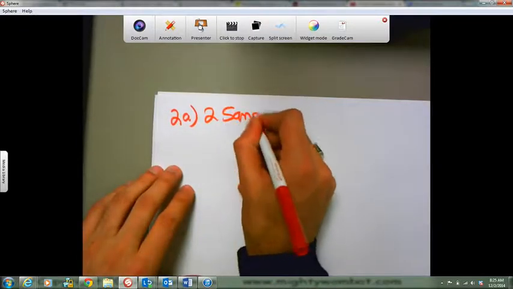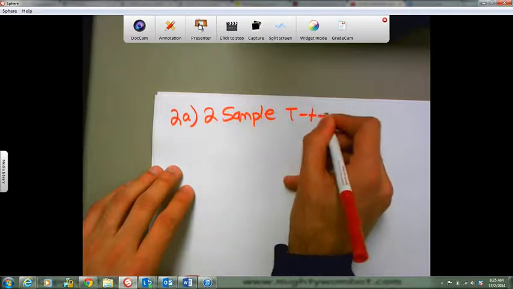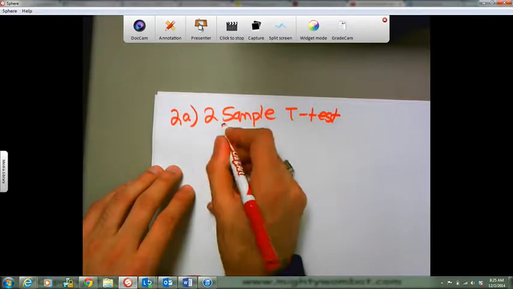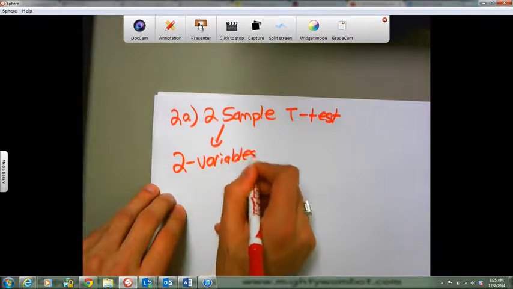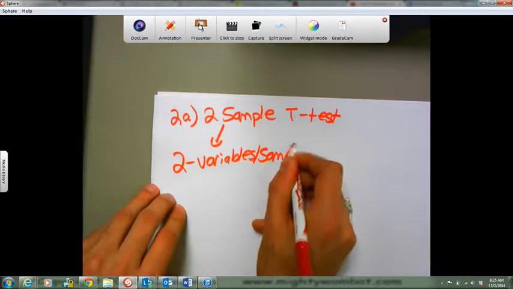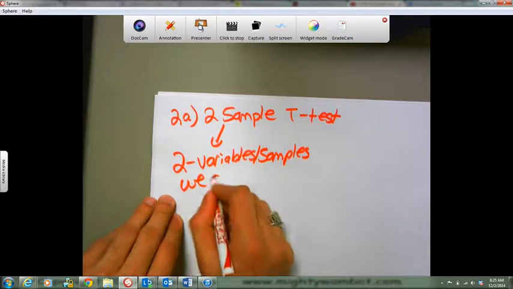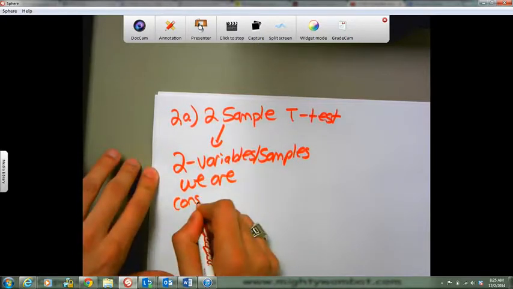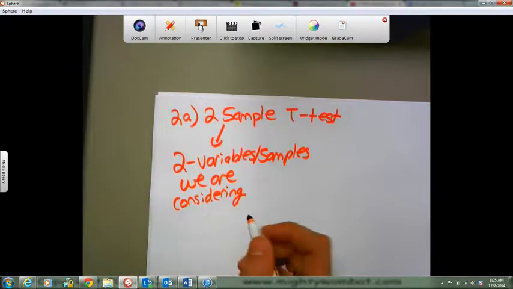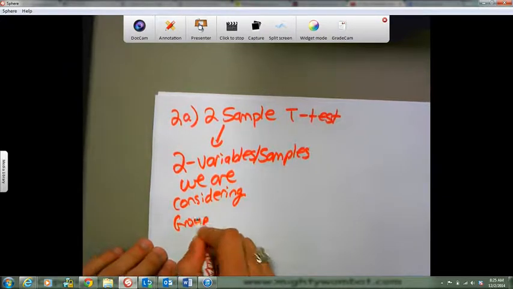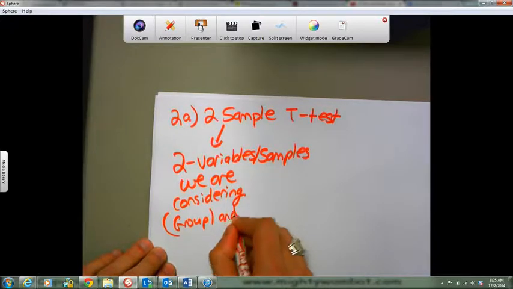So here again, we want a two-sample t-test. Let me explain what we have here. Two-sample because there are two variables or two samples we are considering. We're looking at group 1 and group 2.